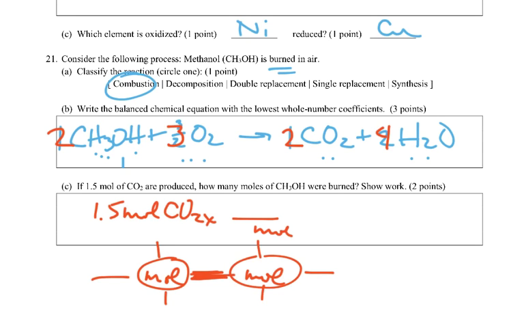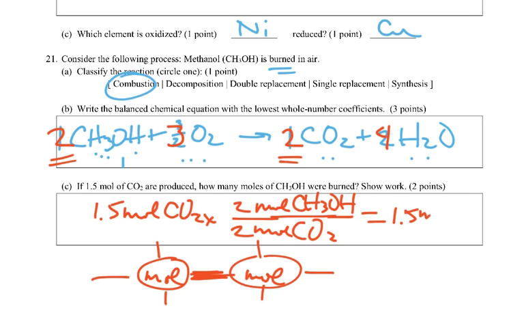Moles of CO2 on the bottom, and I'm trying to get to moles of CH3OH on the top. And what is it? There's 2 and CO2, 2 and 2. So it's 2 and 2. So my answer is going to be 1.5 moles of CH3OH. And that's my answer. 2 points.